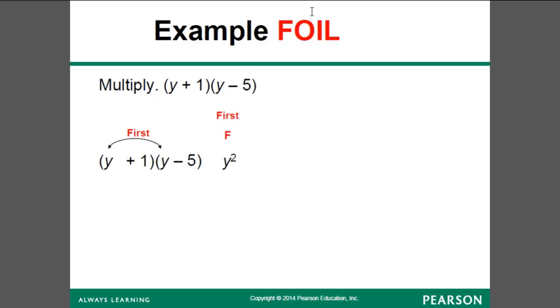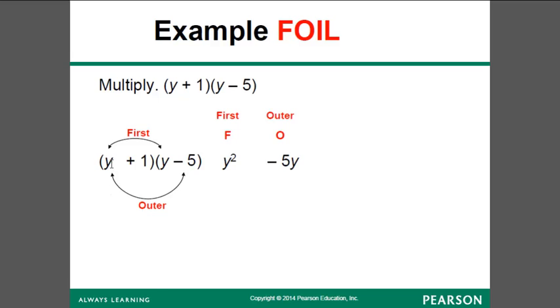FOIL stands for first, outside, inner, and last. The first tells me to take the y times the y, the first term in each binomial. Y times y gives me y squared. The O stands for the outer.